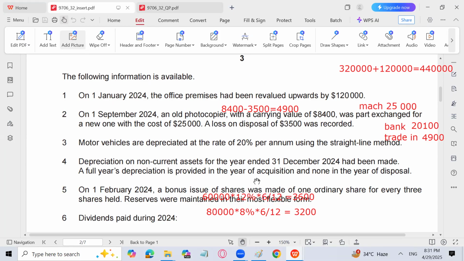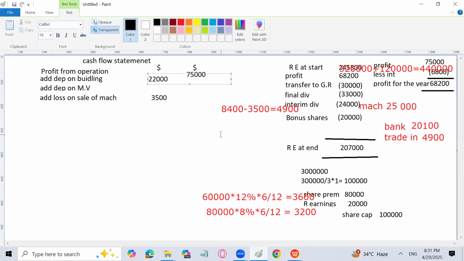So that 1,16,000 is after depreciation, so it is equal to 80% of the cost of the motor vehicle, right? So what is going to be the cost, so that we can find the depreciation?